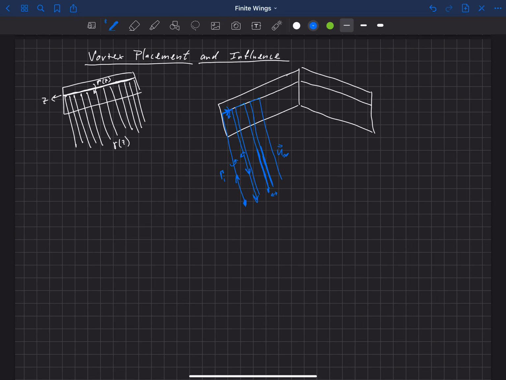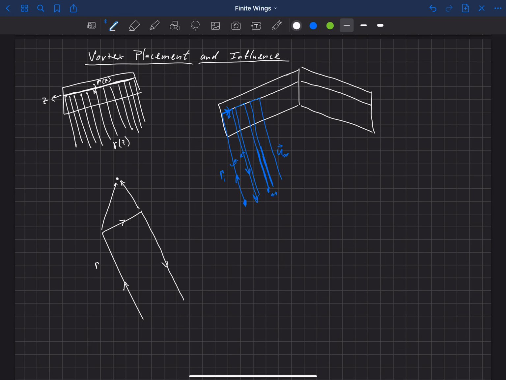Okay, so that's our horseshoe vortex i, and now what we need to know is how much velocity does that horseshoe vortex induce on any other point in the flow. Okay, so let's just take one of these horseshoe vortices and zoom in on it here. So we've got a direction there, direction there, direction there, strength gamma, and then we want to know about the velocity that it induces on some arbitrary point.